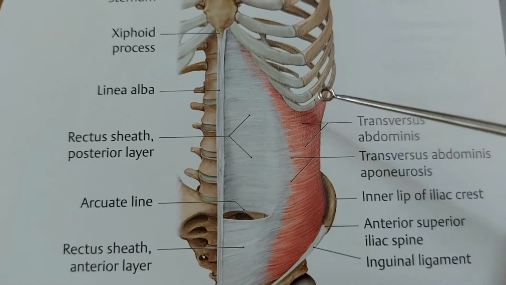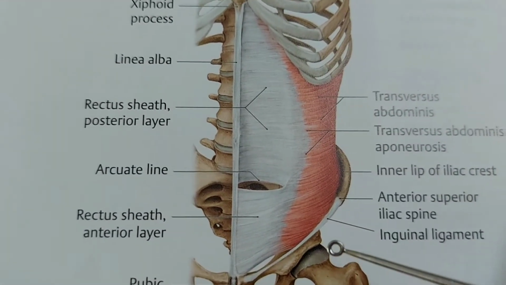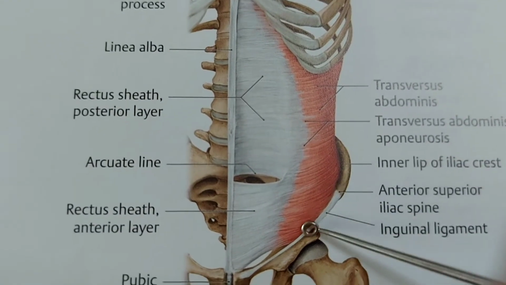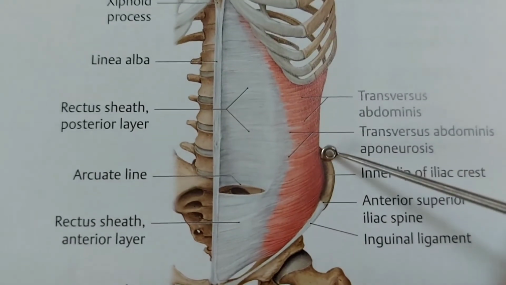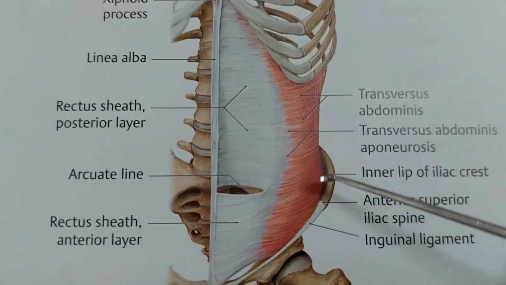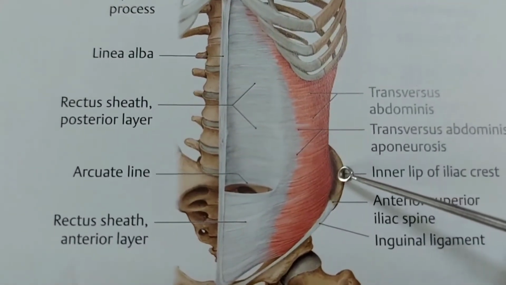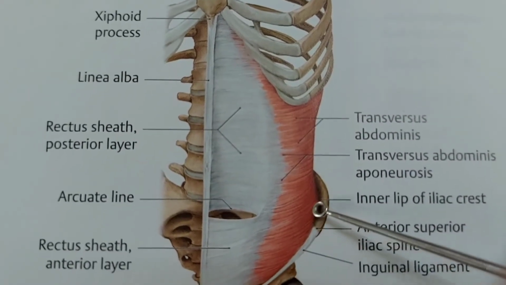Now the transversus abdominis muscle. Here we see the transversus abdominis muscle. This muscle has its origin from the lateral one-third of the inguinal ligament, and the inner lip of the iliac crest. So the outer lip is for the external oblique, the intermediate lip is for the internal oblique, and the inner lip is for the transversus abdominis.